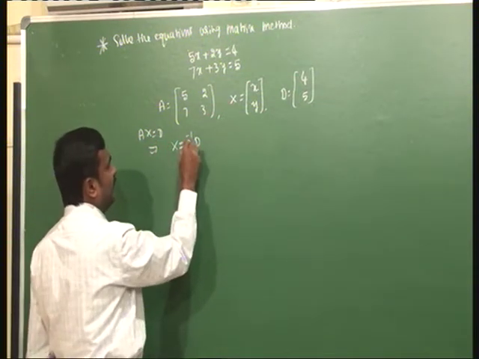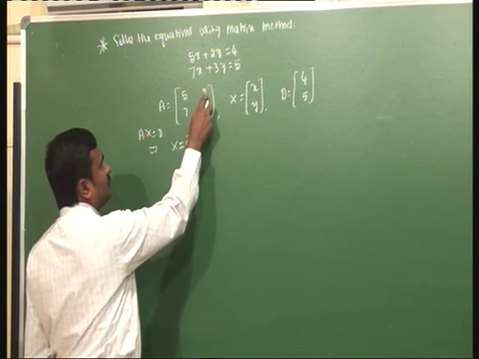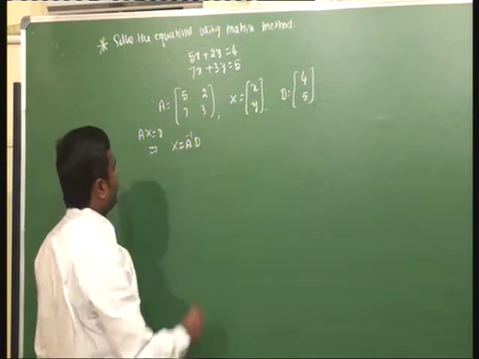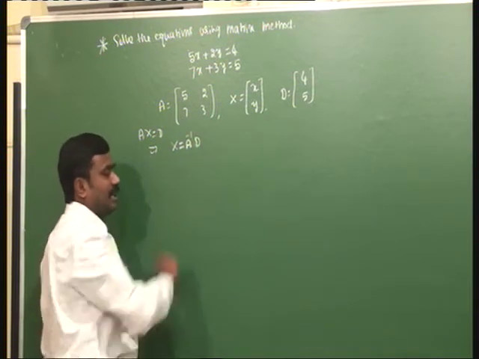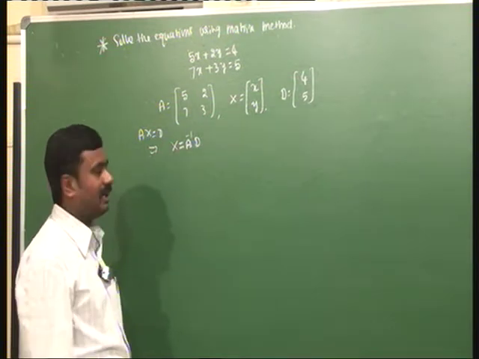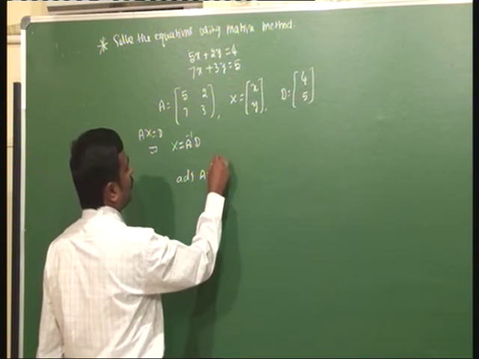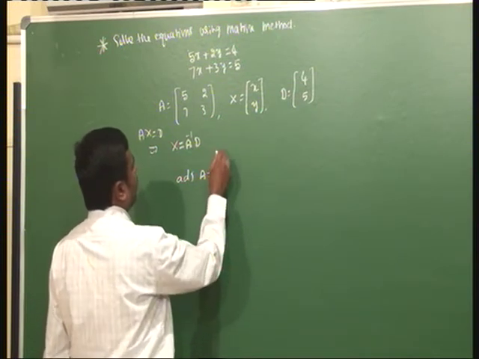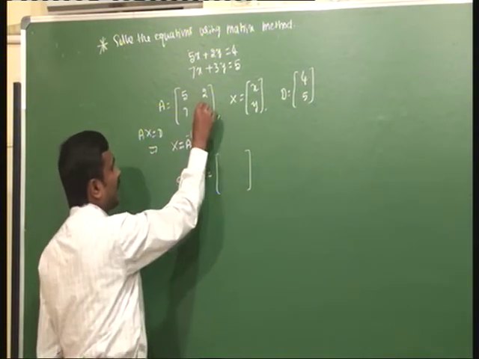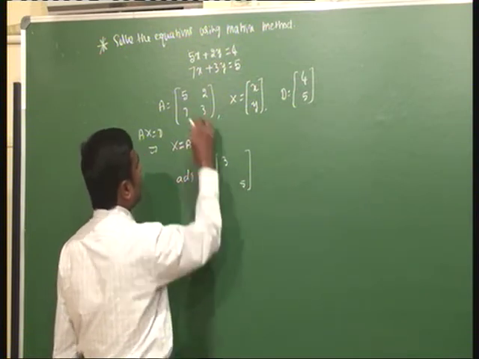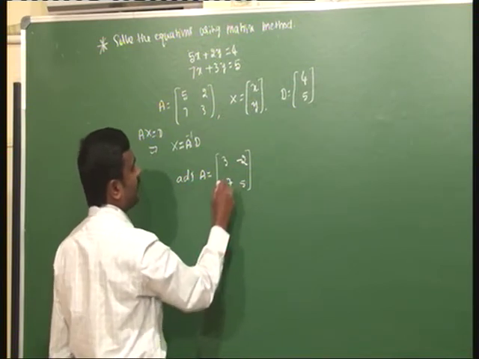Now we have to find the inverse matrix of this A. We have matrix A is equal to 5, 2, 7, 3. To find the inverse matrix, first we have to find the adjoint of A. The adjoint of a 2 cross 2 matrix can be obtained by interchanging the principal diagonal elements, 5 and 3 become 3 and 5, and changing the sign of the secondary diagonal elements, that we know.